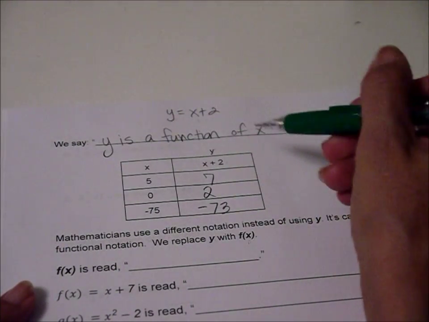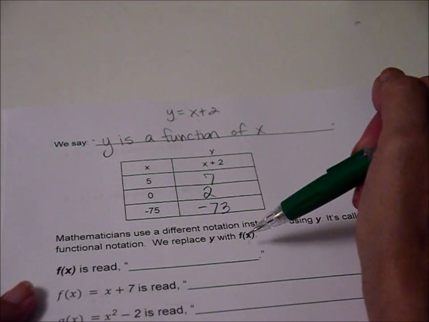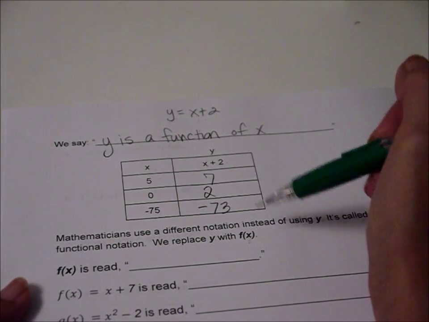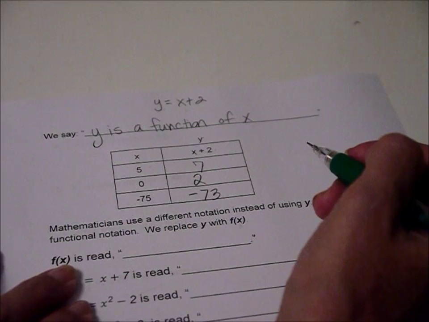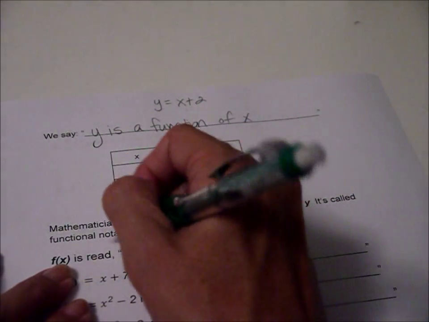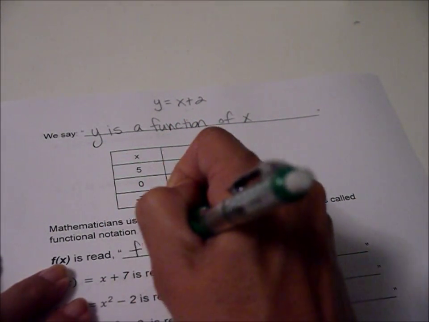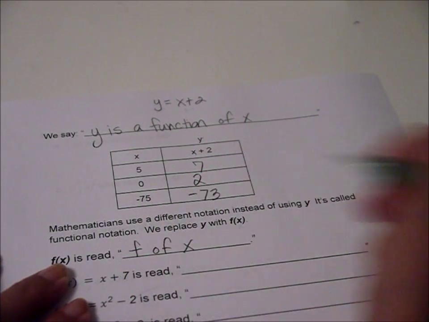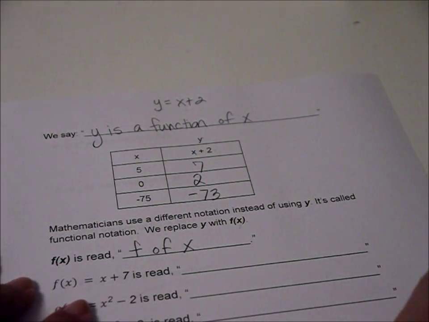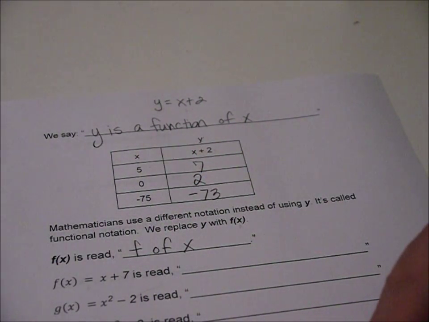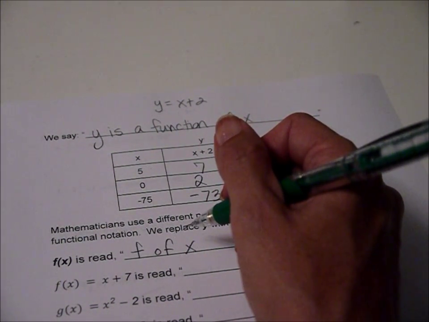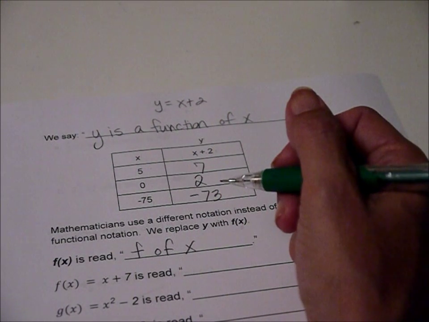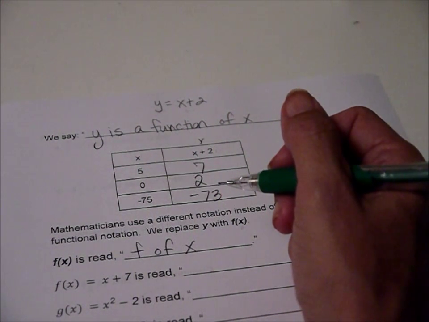So if we said y is a function of x, we would say f is a function of x. The way we read this is f of x, f of x.